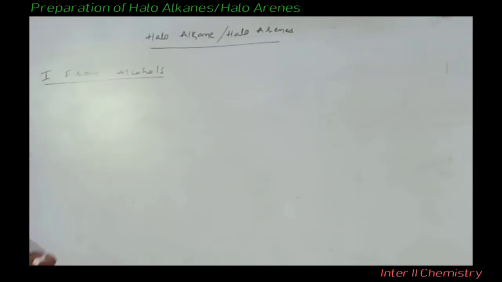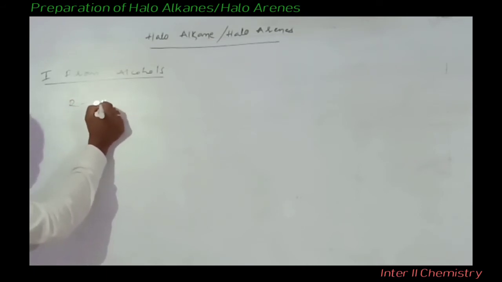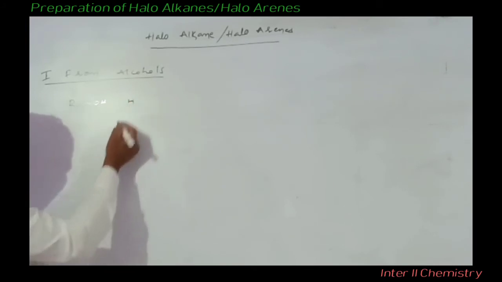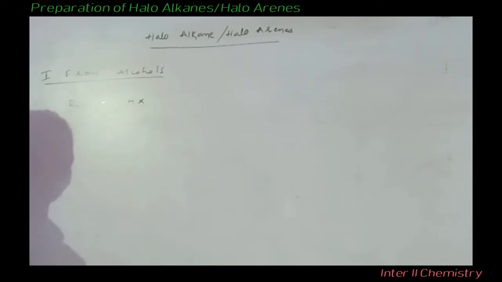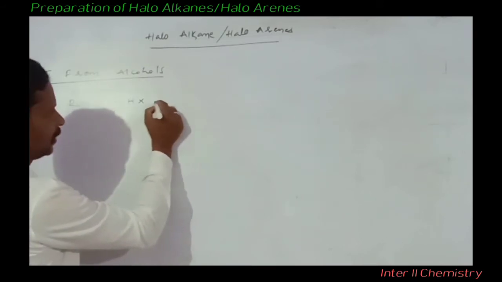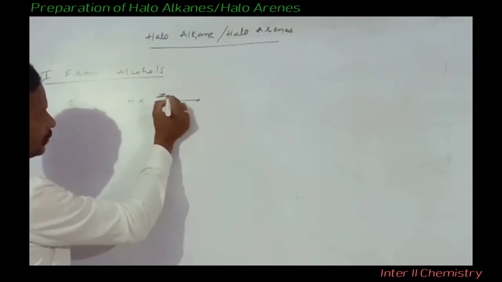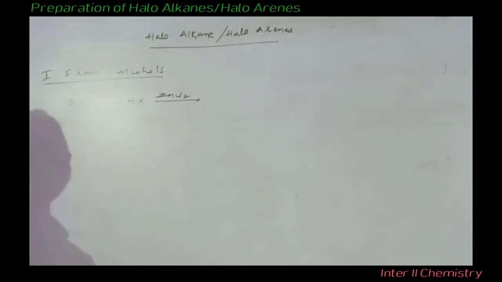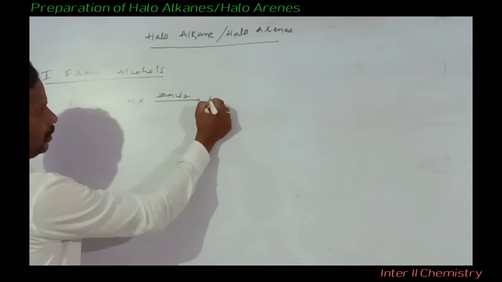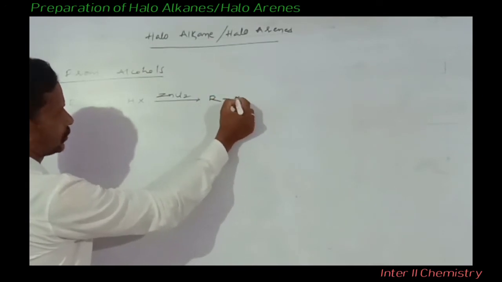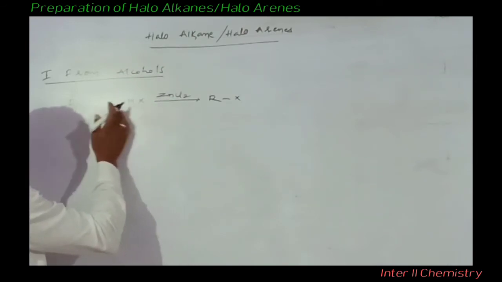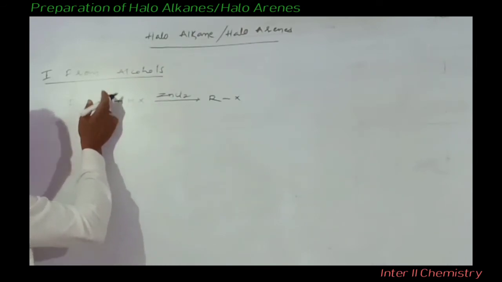For example, alcohols react with a hydrogen halide, HX, in the presence of ZnCl2. They give RX. The halogen comes in place of the OH group.